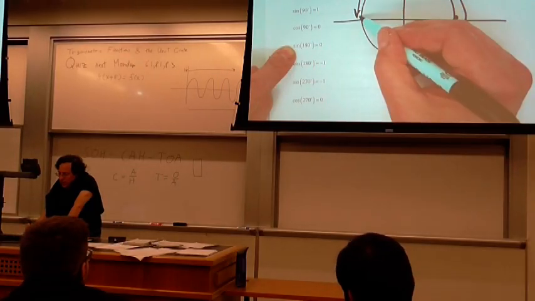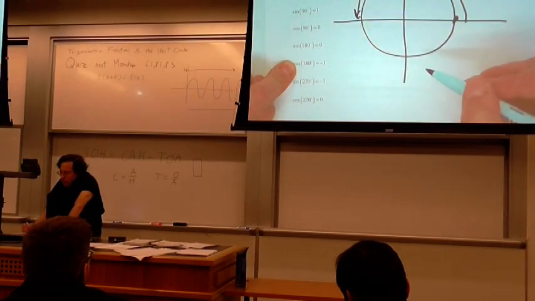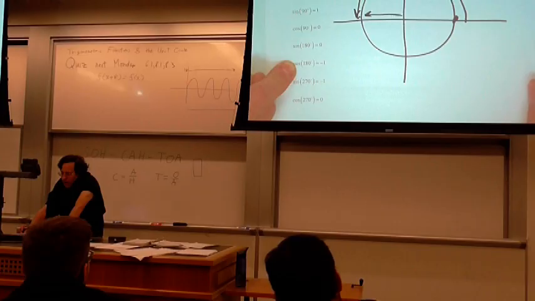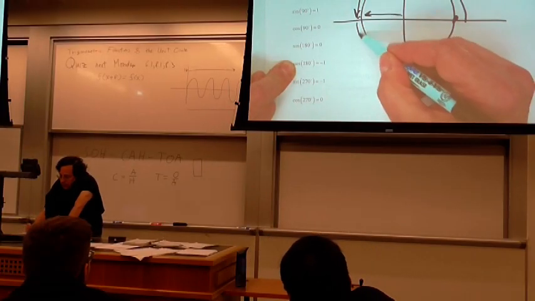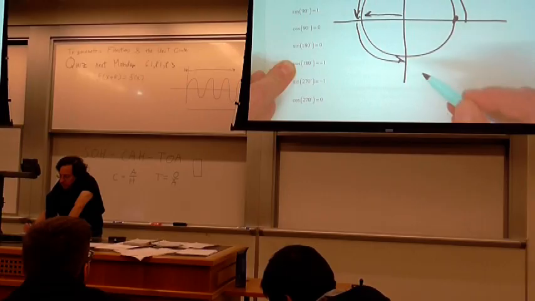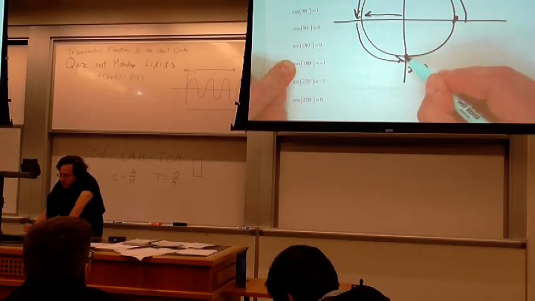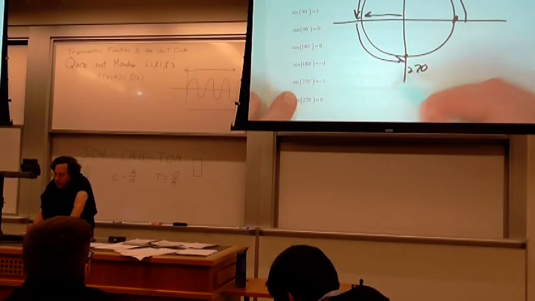As we keep going around, the sine again becomes 0, 0 at 0 and 0 at 180. But the cosine is now minus 1, right? Because it's to the left of the y-axis. And again, we keep going to 270 degrees, and now we've kind of switched. The sine is now -1, and the cosine is 0.